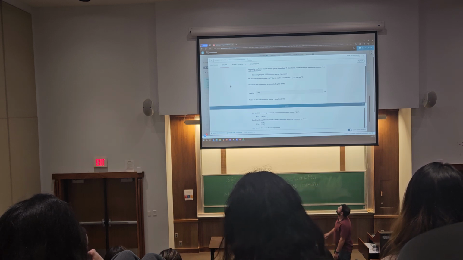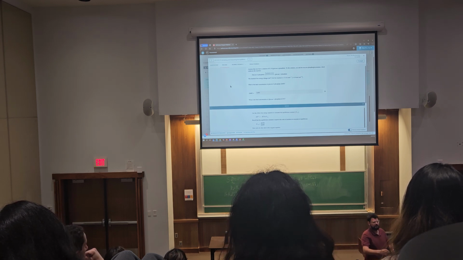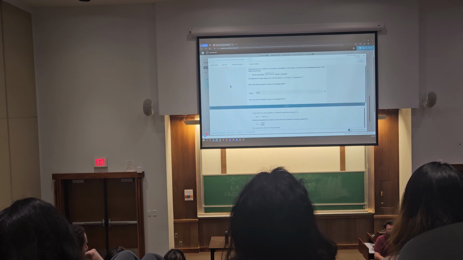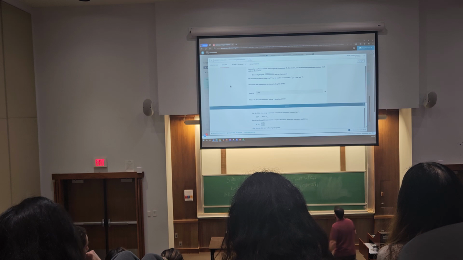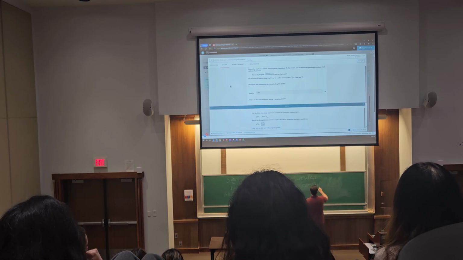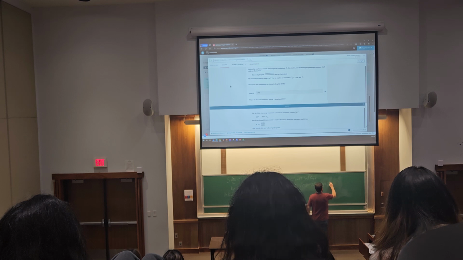Does it give us the temperature? Why? Well, it is 298, but it's not because it's at equilibrium. Standard conditions, exactly, right? It's 25 degrees Celsius, 298 Kelvin, times ln K prime EQ.